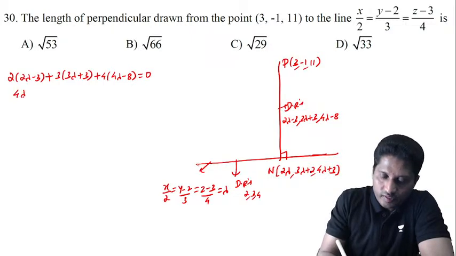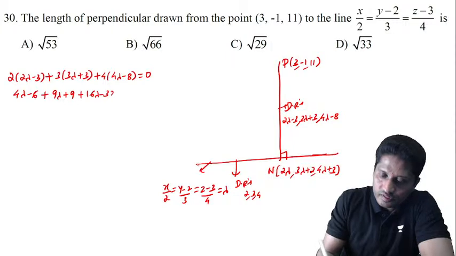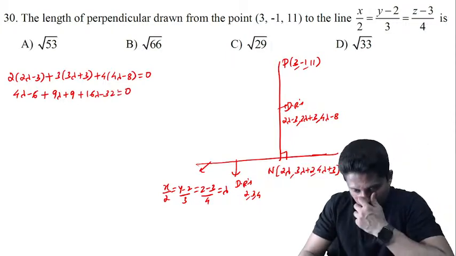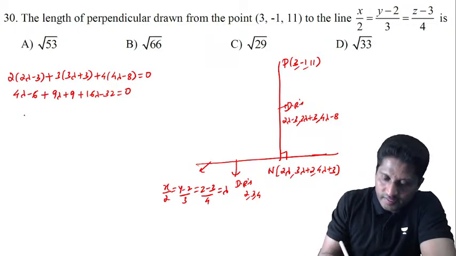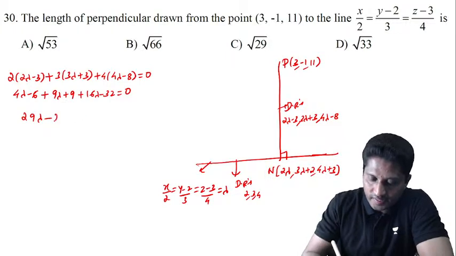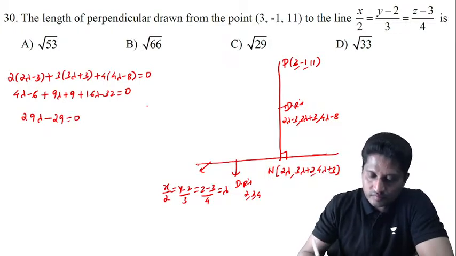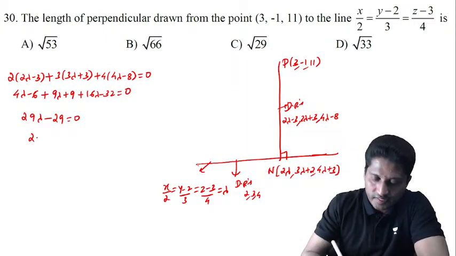That is, you get 4 lambda minus 6 plus 9 lambda plus 9 plus 16 lambda minus 32 is equal to 0. So this is 29 lambda minus 29 is equal to 0. Yes, 29 lambda is equal to 29. Lambda is equal to 1.